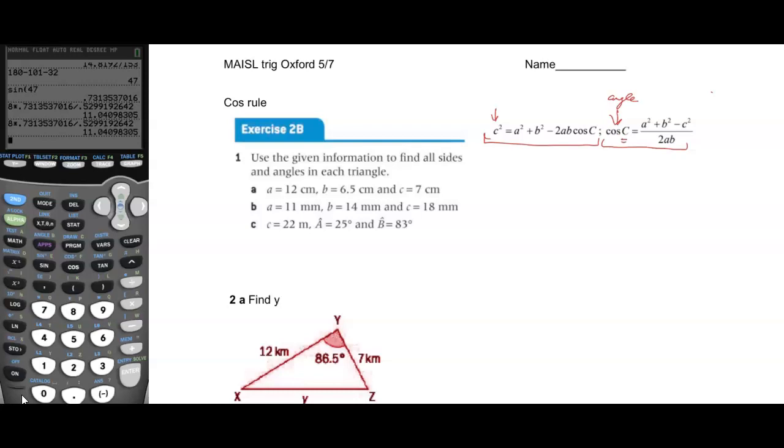When you want to know a side, then you want to use the left one because there is a side on the left side. In both cases, they can be manipulated so that they become the other, but it's easier if you use the one that has the unknown side on the left, and then the unknown angle, use the one on the right.